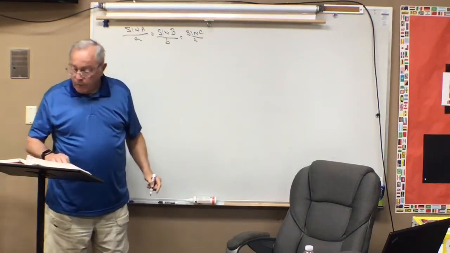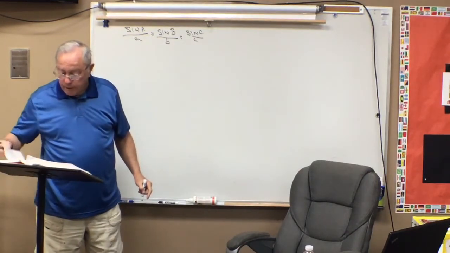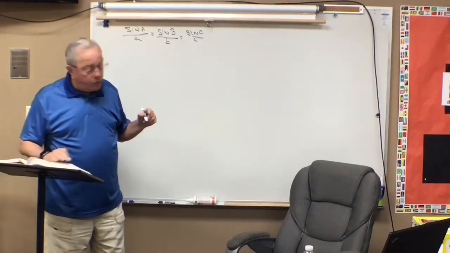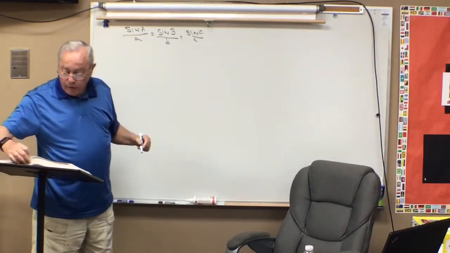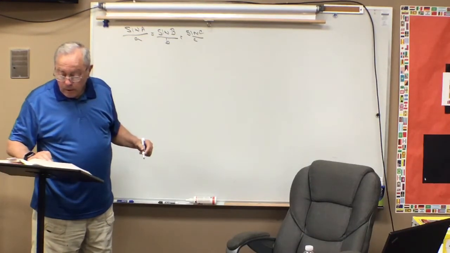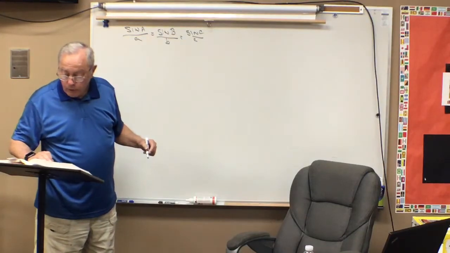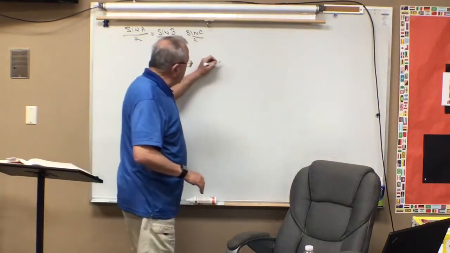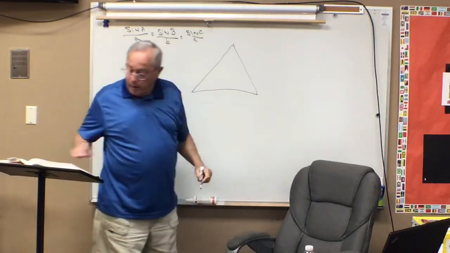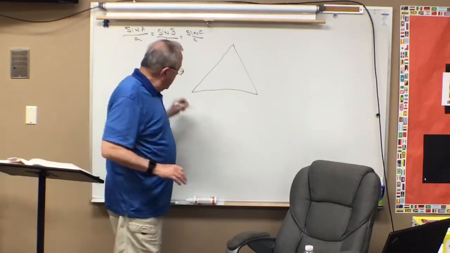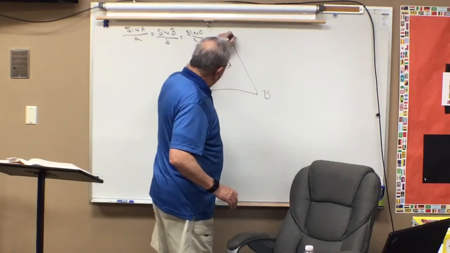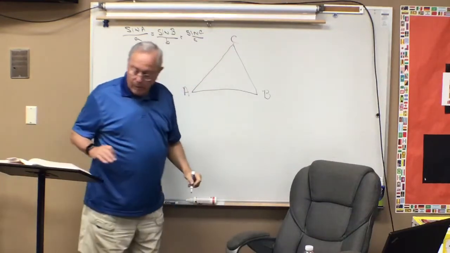All right. So the first problem is, I'm going to use the information, okay, I'm going to draw a triangle, okay, and we're going to use it. In this case, we're going to find the two sides. All right, so my triangle is going to look like this, okay, and it's going to be A, B, C, okay?